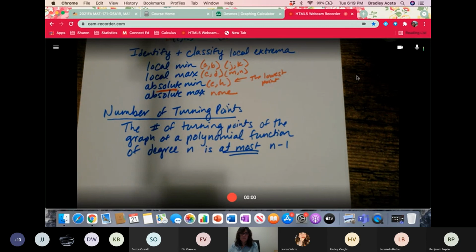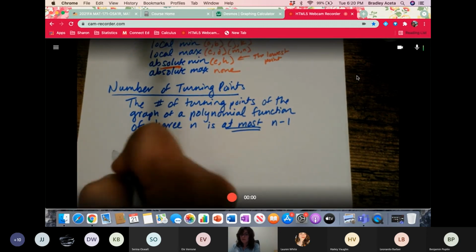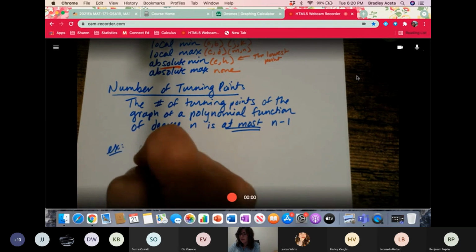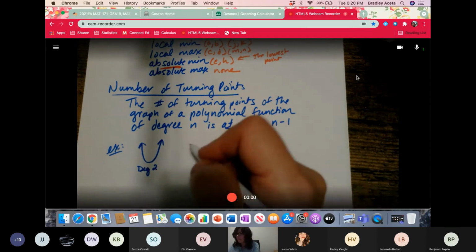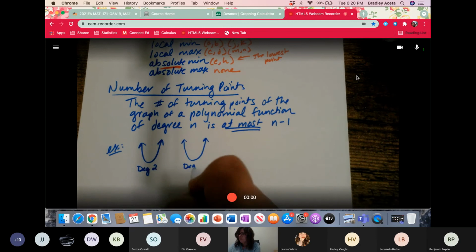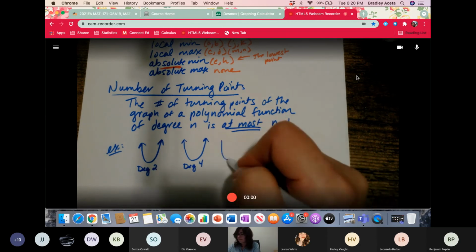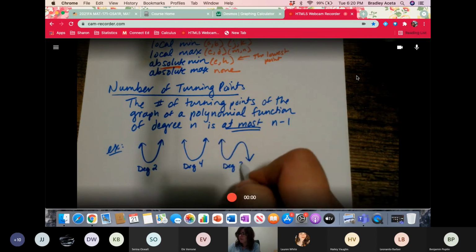Let me give you some examples of what I'm talking about visually. If I gave you this and said this is a degree 2 polynomial, a quadratic, we're familiar with that. This one is a degree 4 polynomial. And this one is a degree 3 polynomial.